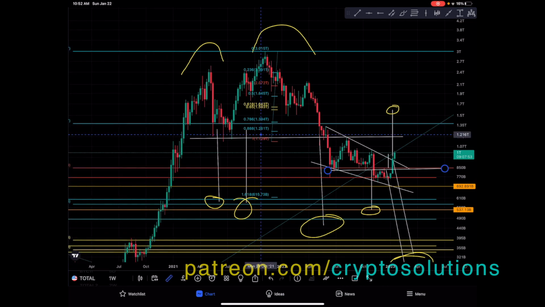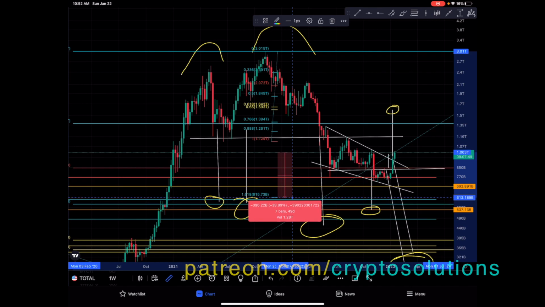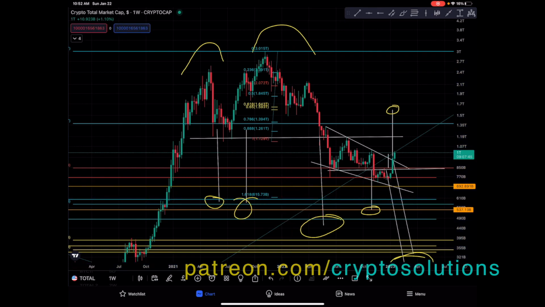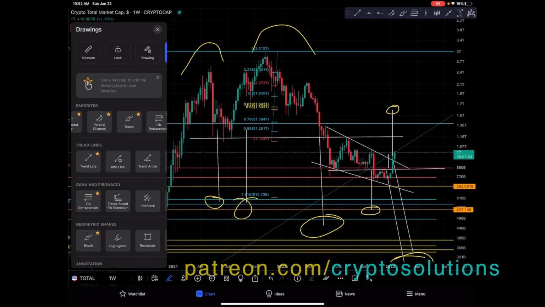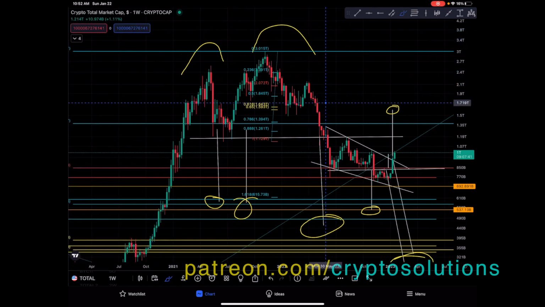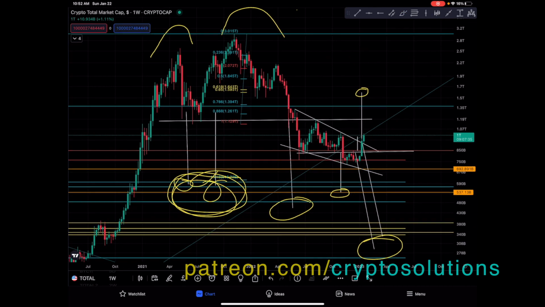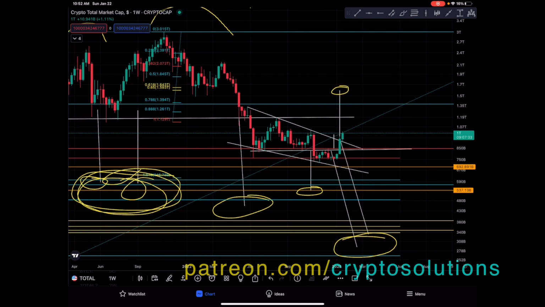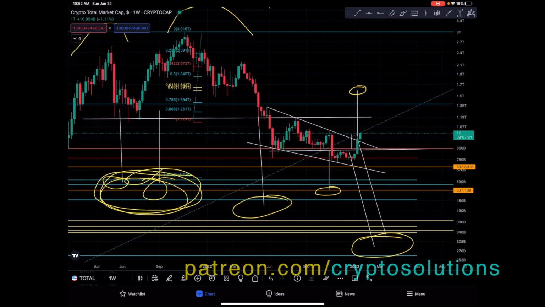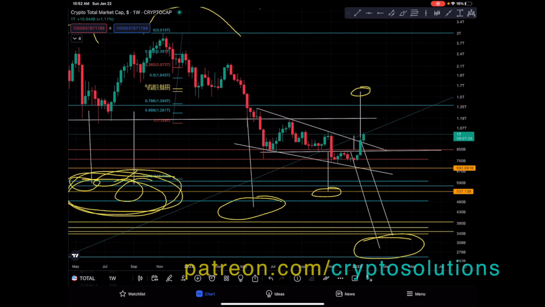And percentage wise, that would be from now here to here around that 38%. And that has that confluence with the double top scenario right here, right there. That would be the target right there. So yeah, guys, that's what I'm seeing here according to the total cryptocurrency market cap, also with the bearish signs right there also.